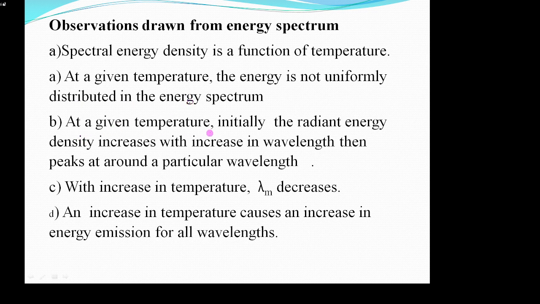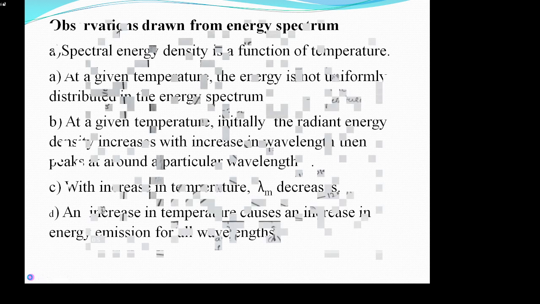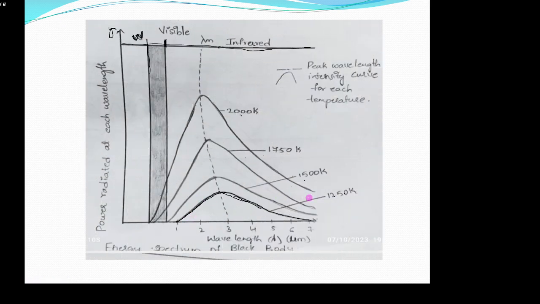Next, at a given temperature, the radiant energy density initially increases with increase in wavelength, and later it decreases. At a single temperature, the energy initially increases, acquires a maximum value at lambda m, and later decreases.